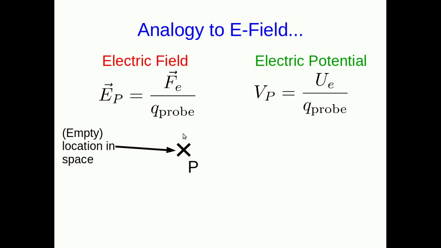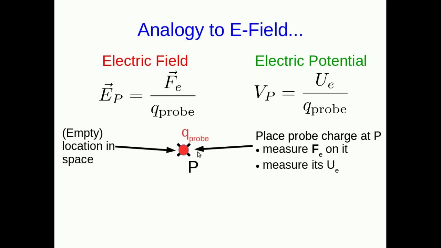If we're thinking about some location in space, there's nothing there. It's an empty location in space, but we want to know how charges behave around here. We could take a probe charge and place it at P. And now we could measure the electrical force on it, and we could measure its electrical potential energy.